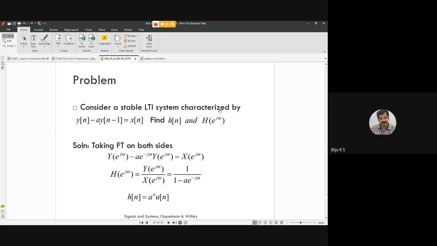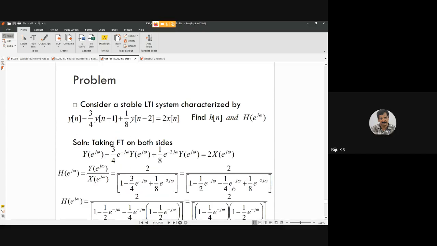From this transfer function we can calculate the magnitude response and phase response. Together it is known as the frequency response. If you take the inverse of H of e raised to j omega, it is equal to h of n, a raised to n. Like that, questions may be asked.